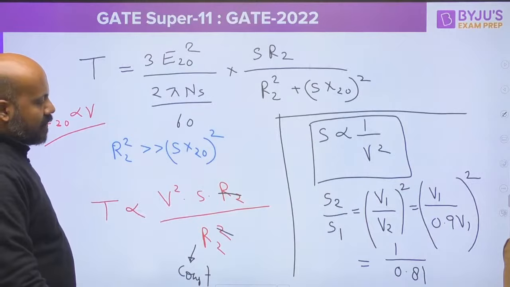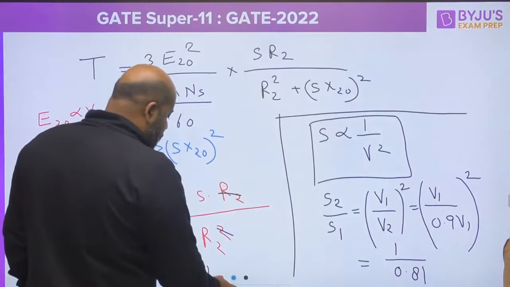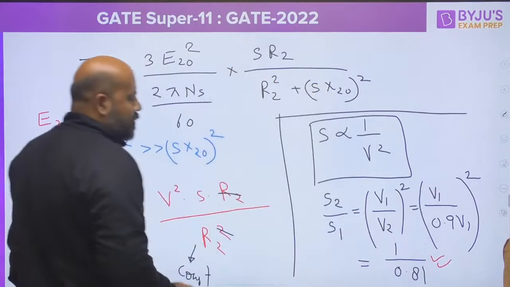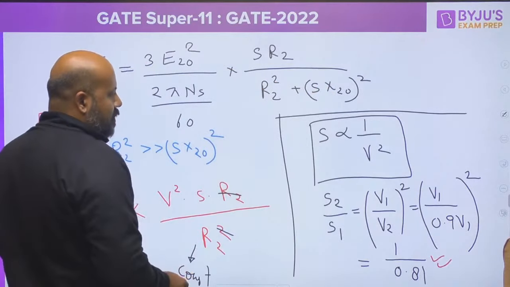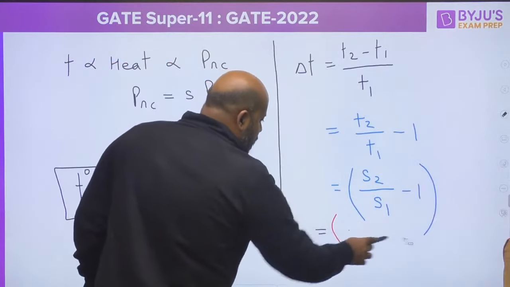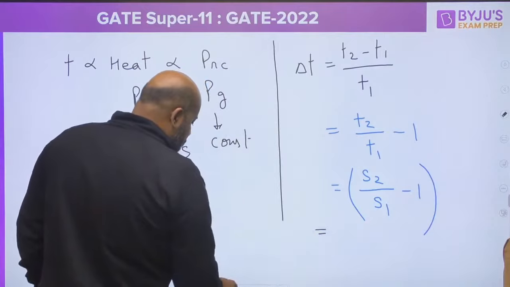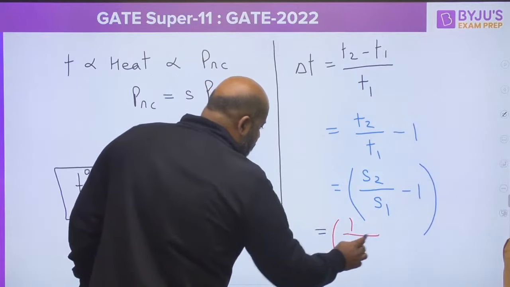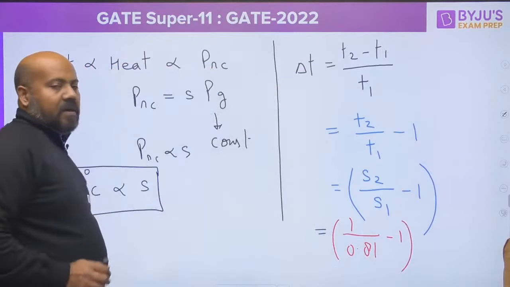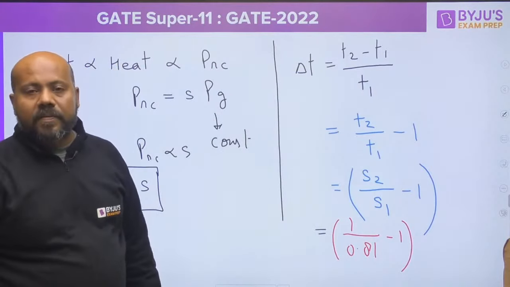Some calculation I have done. Okay, we have to put this value, na? We have to put this value, 1 upon 0.81. Can you just solve this? It is not like this. This is going to be 1 upon 0.81 minus 1. Now you will be getting the correct answer. Yes.